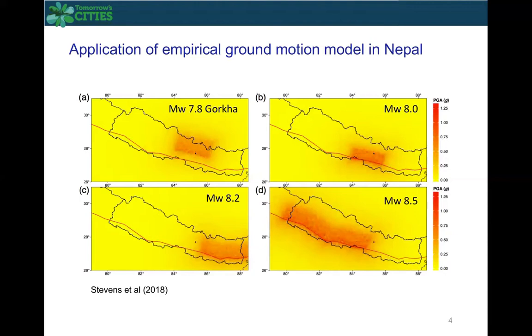However, these empirical ground motion models do not have enough capabilities to account for these specific ground motion properties, given the specific properties of the site and the source.